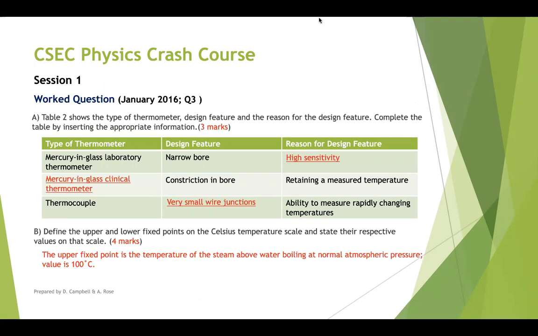So that's 1 mark for defining, and 1 mark for the value, which is 100 degrees Celsius. The lower fixed point is the temperature of pure melting ice, and the value is 0 degrees Celsius. 1 mark for the definition and 1 mark for the value.